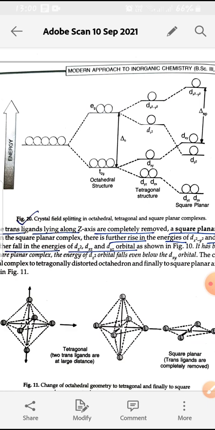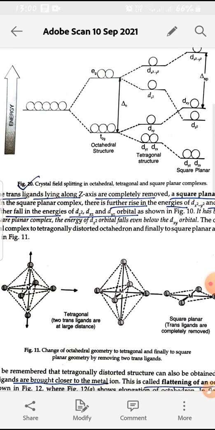Then for the orbitals along the z axis, for example the dz square orbital, the repulsion between the ligand and the metal dz square orbital having electrons decreases. As the repulsion between the ligands and the dz square decreases, its energy also decreases.